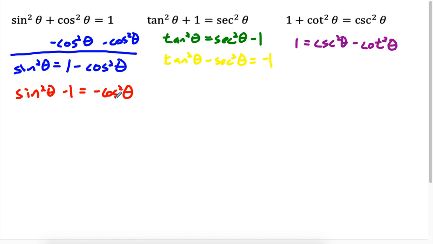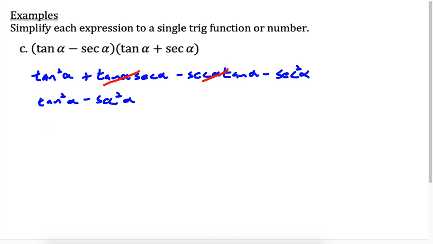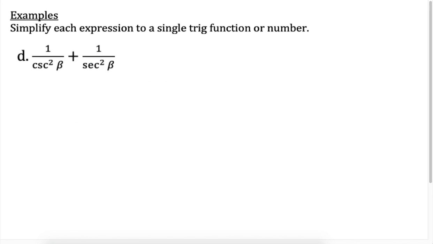So this one would just be equal to negative 1, right? Tangent squared minus secant squared is just negative 1. So we should put equal signs down the line here. Okay, so this whole thing, this original problem, is just equal to negative 1, all right?